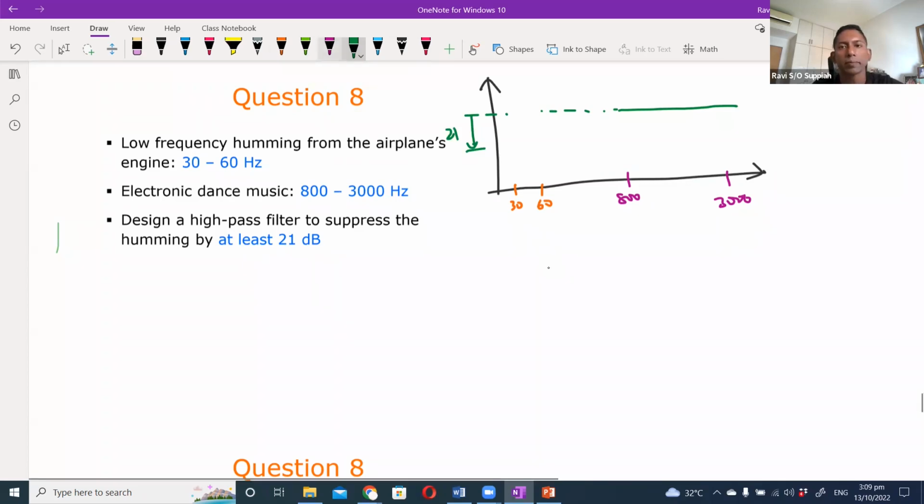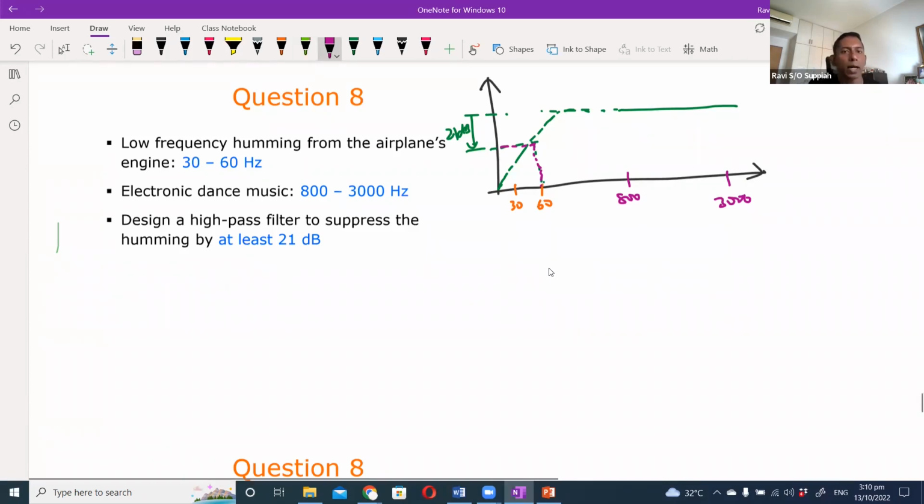That means when I draw my graph here, it should be something like this, where the point of the cutoff that aligns to 60 hertz is 21 dB lower than the passband gain. So this is the key thing here: this and this must be aligned. That is the objective, that is what I want to fulfill.